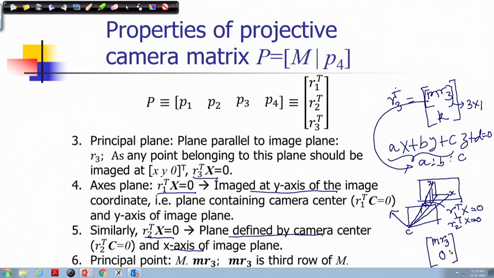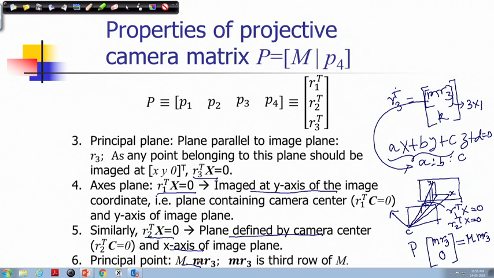The image of that point is the principal point. It is nothing but the intersection of the normal of the principal plane with the image plane. So, if I take the projection, the image point is represented as m dot MR3, as shown here, and you will get the corresponding principal point.